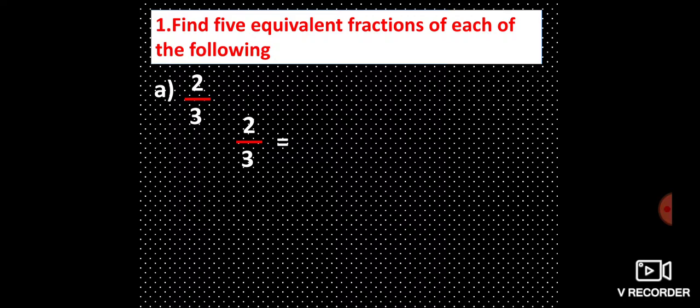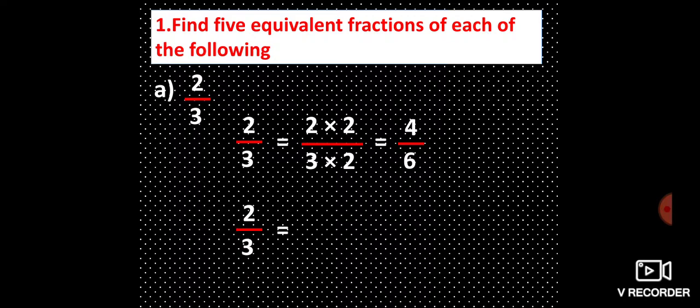That is, multiply the numerator and denominator with 2, like this: 2 into 2 divided by 3 into 2. 2 into 2 is 4 by 6. Okay, so 4 by 6 is an equivalent fraction of 2 by 3. Just like this, we find the other 4 equivalent fractions also.